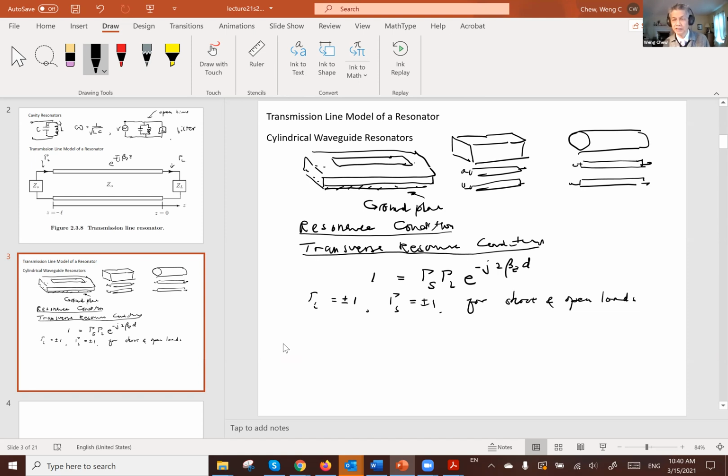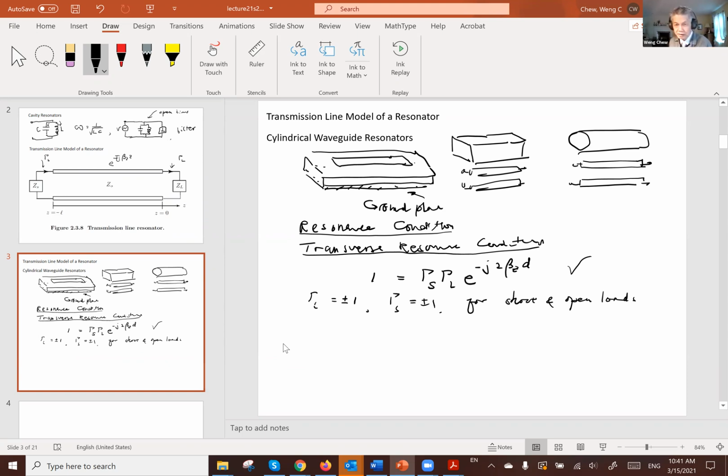Those you can find very easily. If the transmission line is terminated with other kinds of loads, you know how to find those reflection coefficients too. But then solving this equation would be too difficult. So we just do the simplest case where we have terminated the transmission line with either short or open.